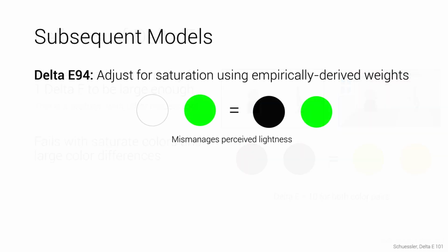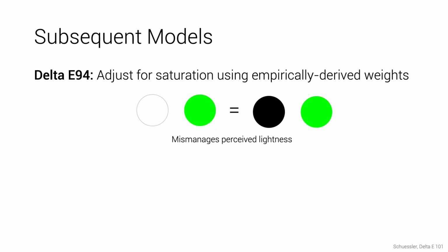scores. So delta E was developed in 1976, and color science has had a lot of room to improve since then. Delta E94 was developed in 1994, and it essentially adjusted for saturation using empirically derived weights. In other words, we take our Euclidean distance function and we weight our L, A, and B scores differently as a function of the actual perceived distances in those colors.